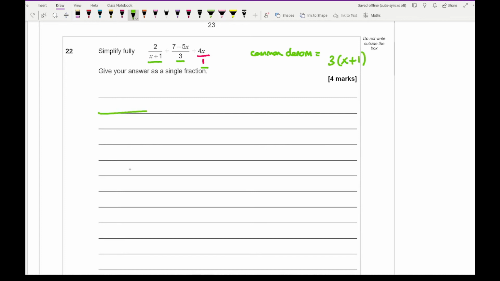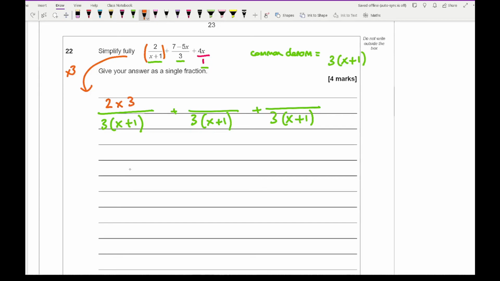So if I set up my fraction, I've got 3(x + 1) as the denominator, and I've got plus, and so on. Now for this first fraction, I need to multiply that by 3. So I multiply the numerator by 3, so that becomes 2 times 3.